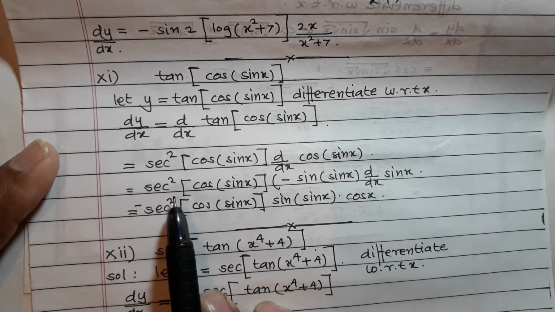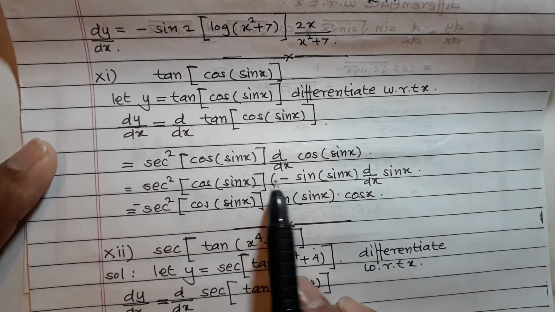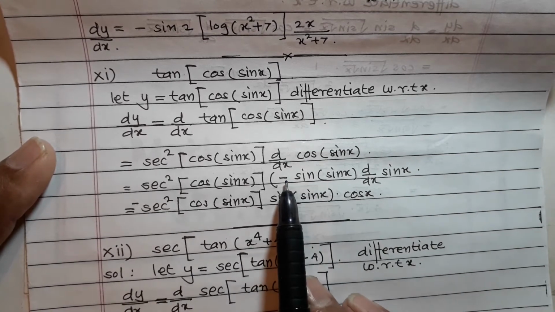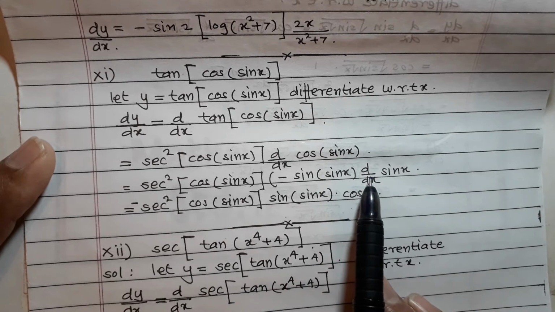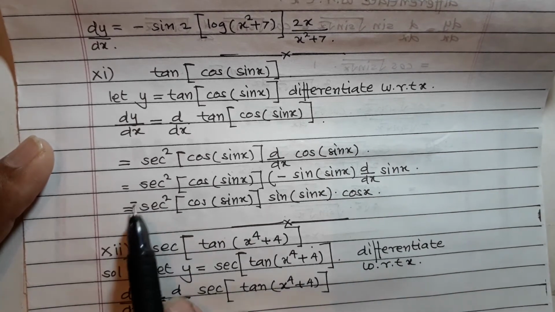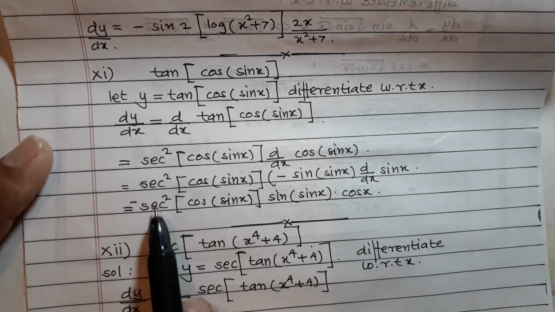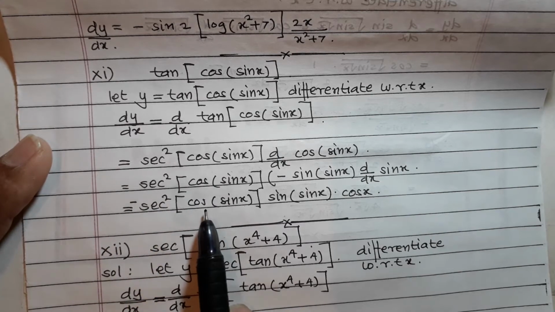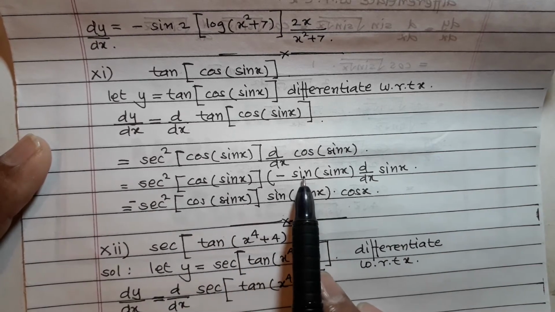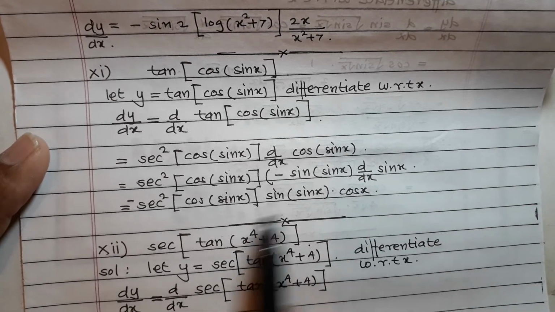So sec² of cos sin x into the derivative of cos, which is minus sin of sin x, into the derivative of sin x. Therefore dy/dx is equal to minus sec² of cos sin x into sin of sin x into cos x.